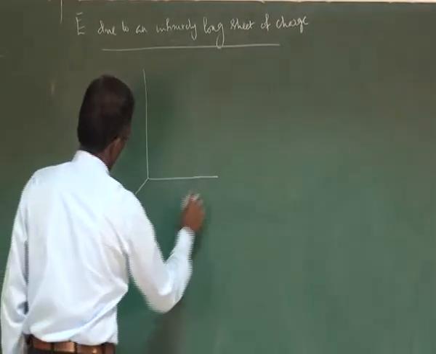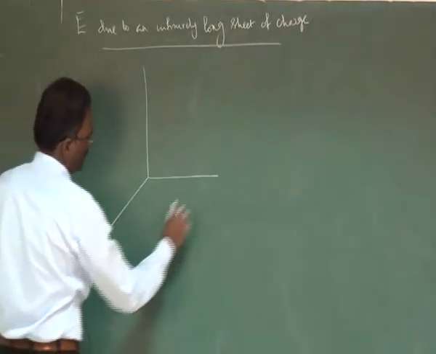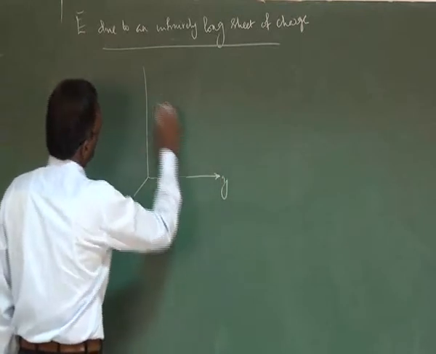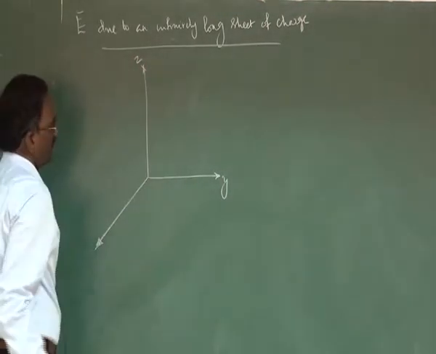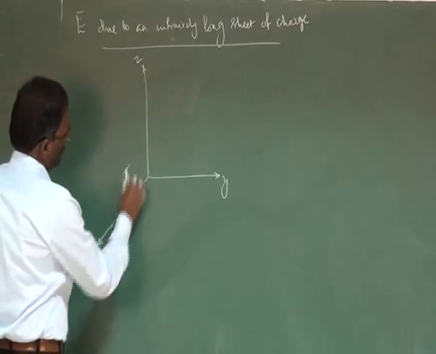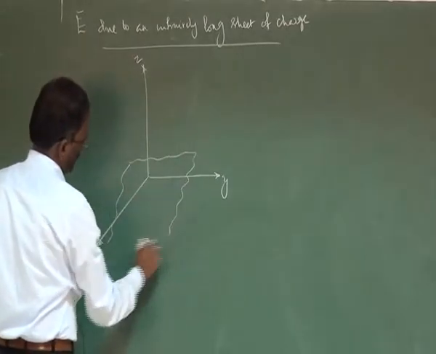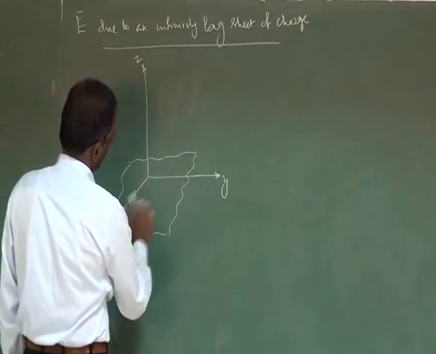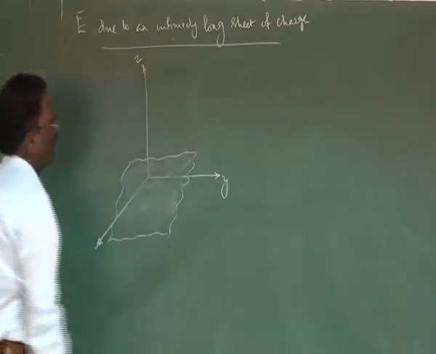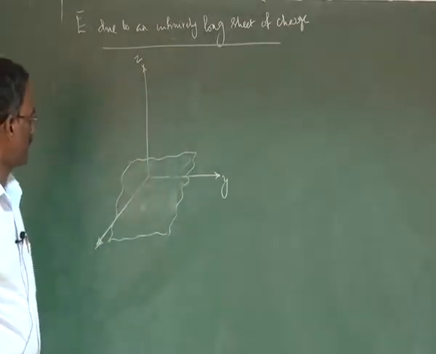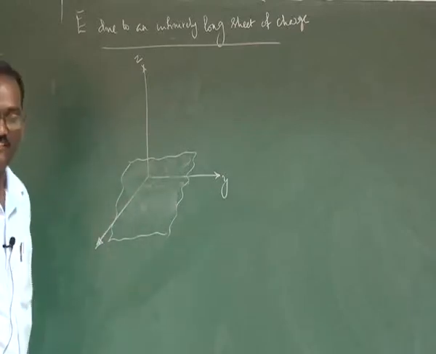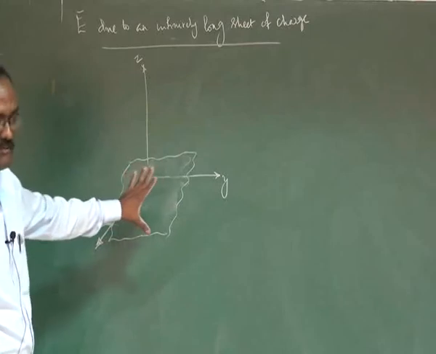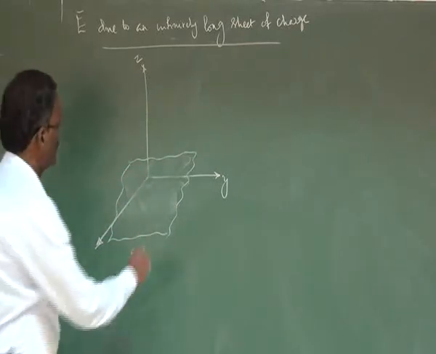As usual, x, y, z in Cartesian coordinate system, the 3 coordinates, right. A sheet has been placed on xy plane. It is infinitely long, right, in all the 4 directions. A portion of the sheet has been presented in the diagram, right.